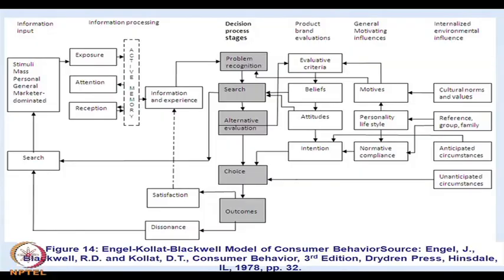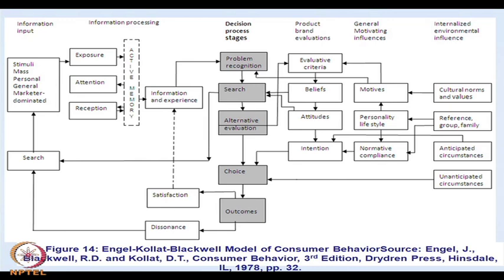After he has searched for information, we basically come to evaluating the alternatives. During the evaluation stage, the consumer's beliefs lead to formation of attitudes, and these attitudes have an impact on purchase intention.